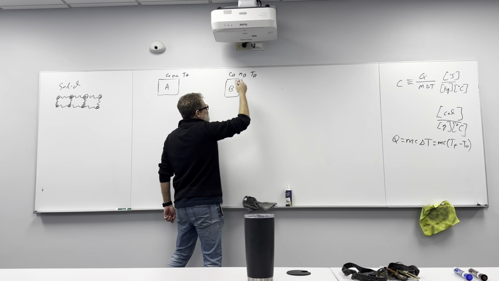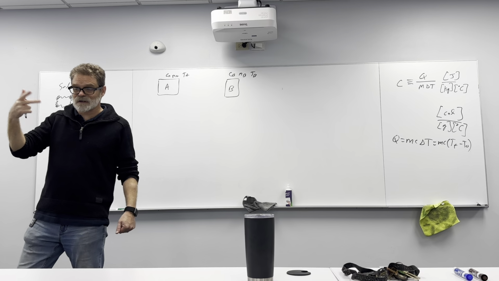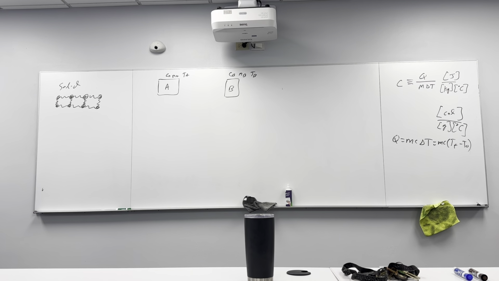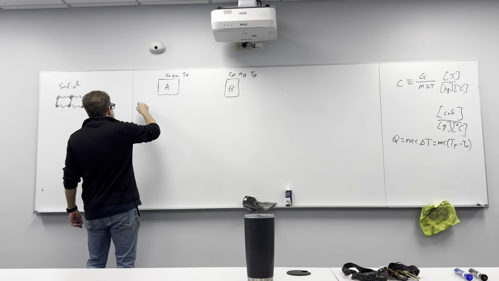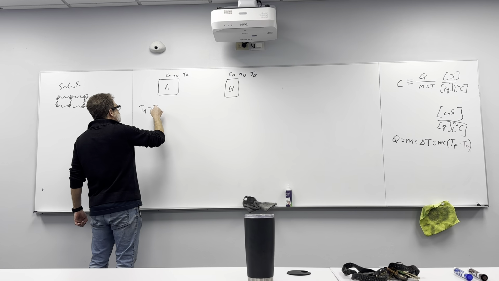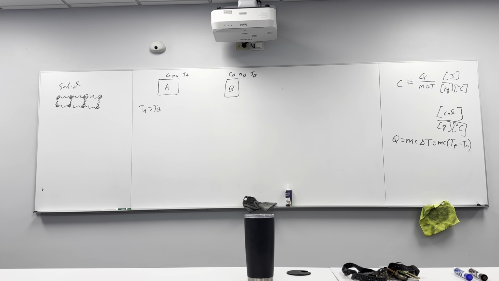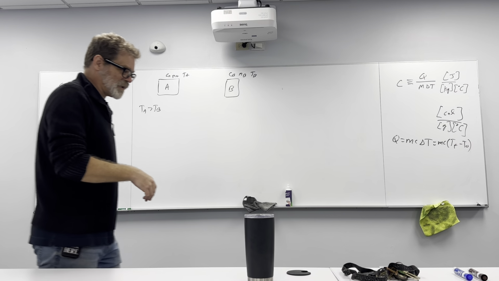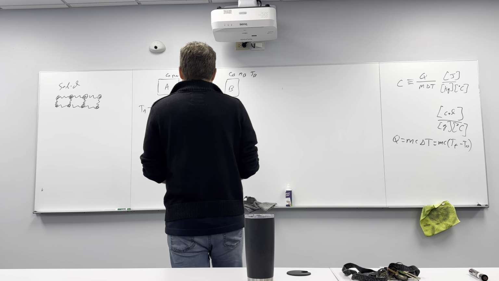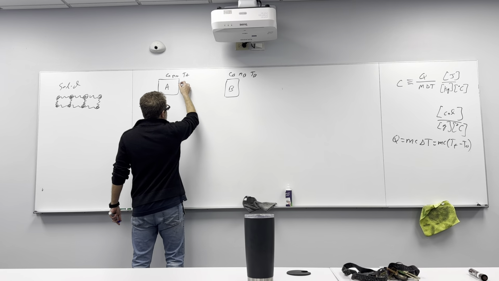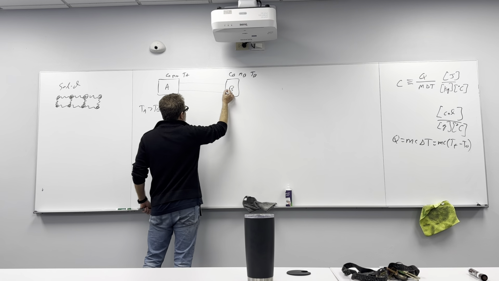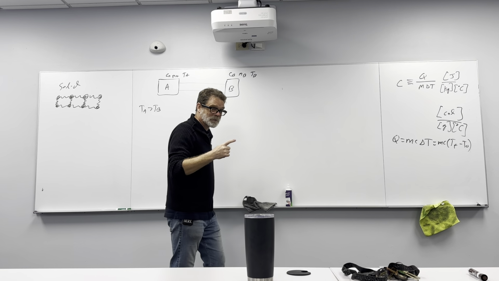Right, so these two objects, we know these properties: specific heat, mass, temperature of the object. Let's make TA greater than TB. But it could be the other way, I just picked one. I'm now gonna put these objects into thermal contact. So I'm going to connect these objects. I'm going to allow heat to flow between the objects.